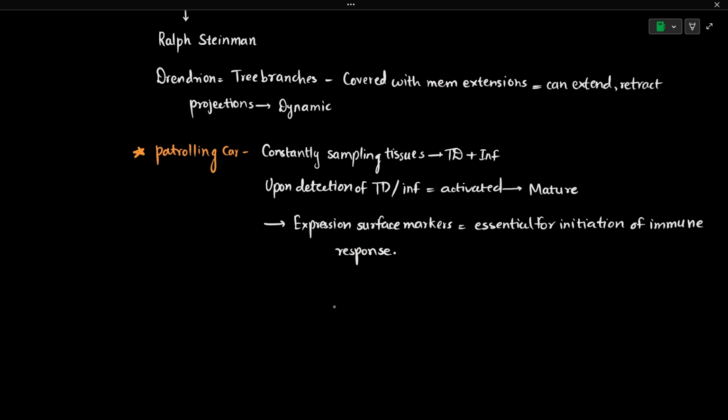So once they get matured and activated, those dendritic cells are going to report to the headquarters. It's like the patrolling people who roam around and look out for suspicious activity.